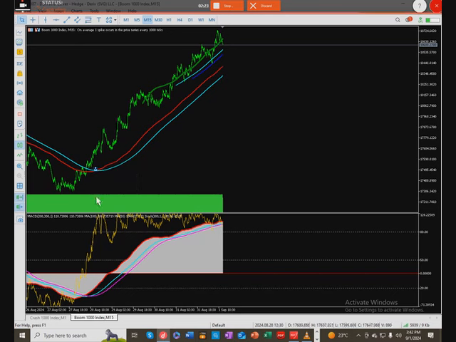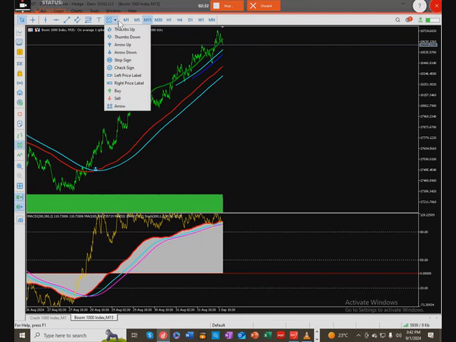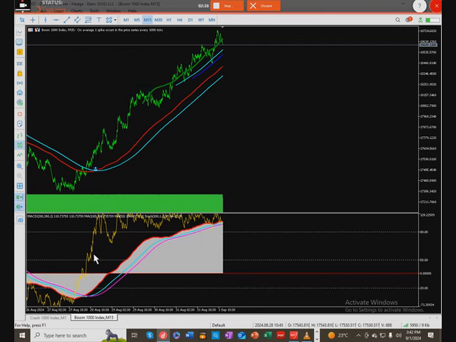And then we check both of these entries here. It should cross that stochastic oscillator, it must cross the 50 level of the stochastic oscillator.